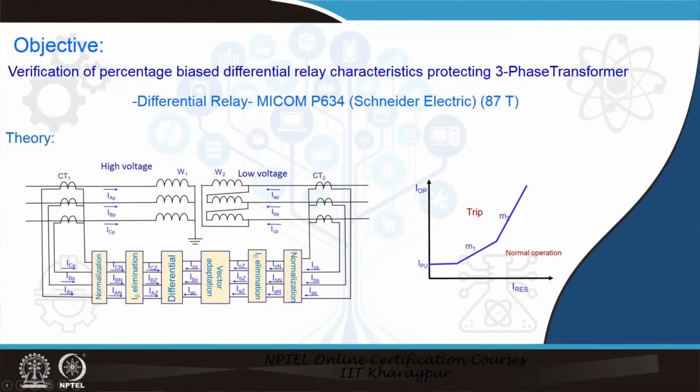We have zero sequence elimination on both sides, because we know the delta side line current does not have zero sequence, but the star grounded side line has zero sequence. So, there is extra zero sequence current on the star grounded side that has to be subtracted. And then we have the vector adaptation for the different connections of the transformer, YD1, YD11 and so on.